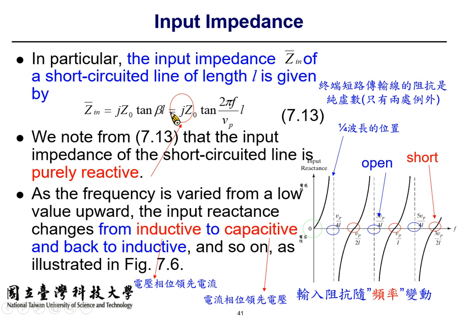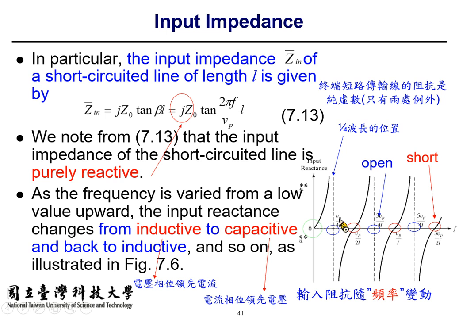So when beta L equals multiples of pi, the input impedance is 0 and it's not an imaginary number. Otherwise, the input impedance of a short circuit line is purely imaginary.